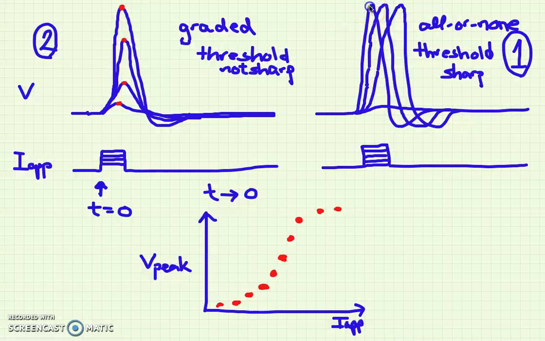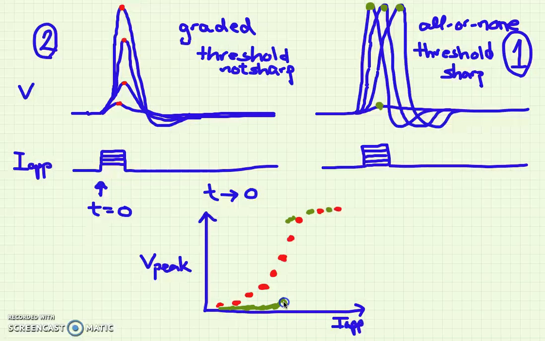But if you think about what's happening with the peak in this case, the peak does not really change much initially. And then at some value of applied current, the peak just quickly collapses. Right? So this plot is going backwards. So there's the full-size response, and then at some point there's just a collapse, and there's no action potential. Now I've tried to draw these so that the actual location where the response appears to be changing is sort of centered in the same location.